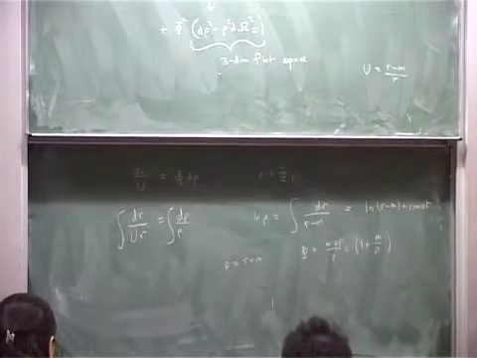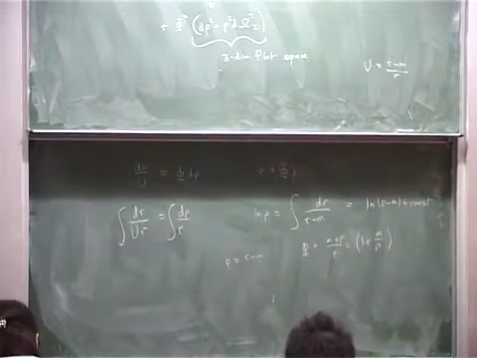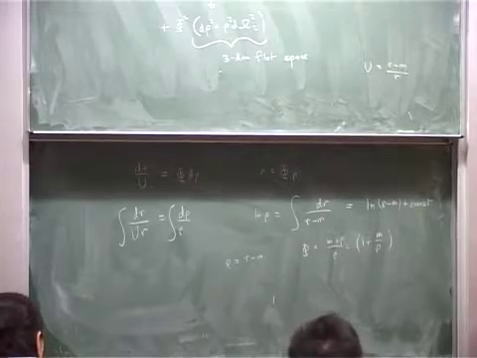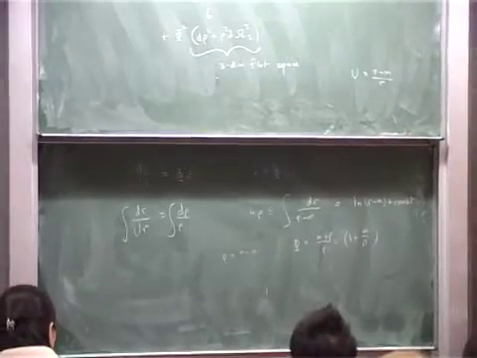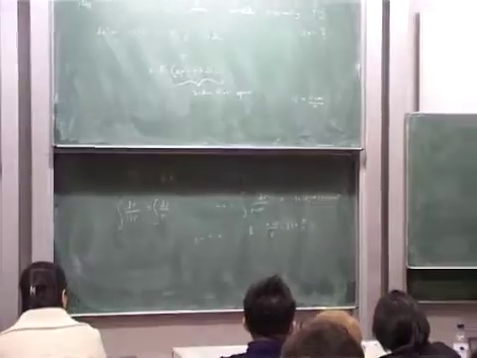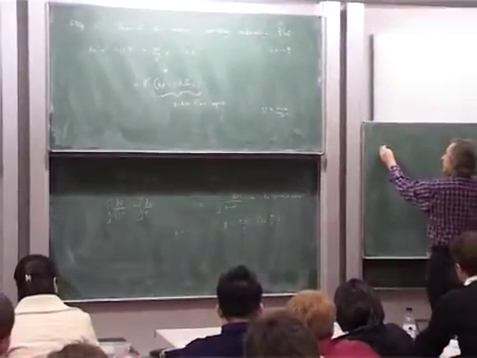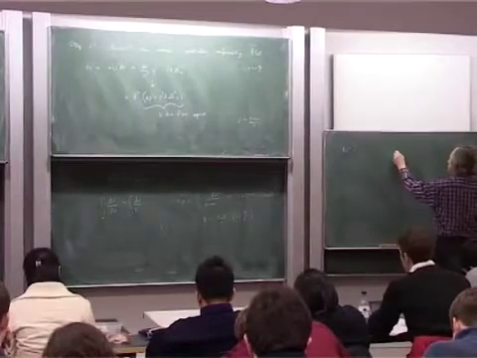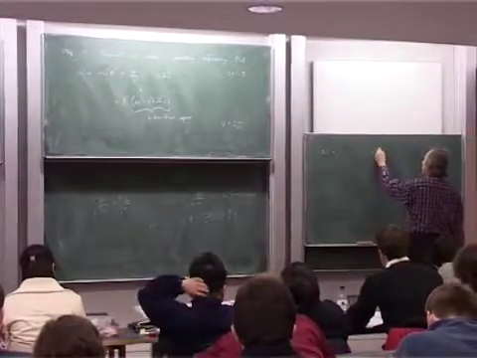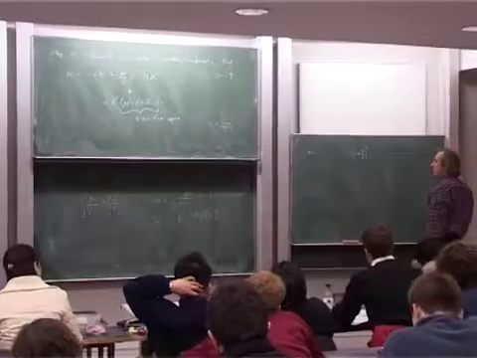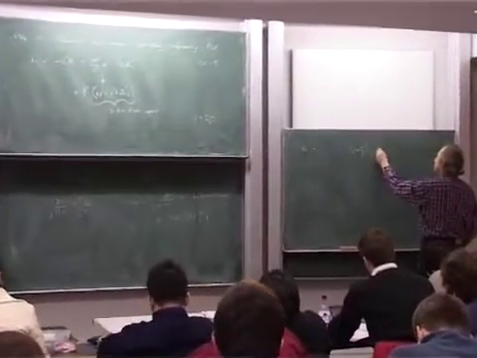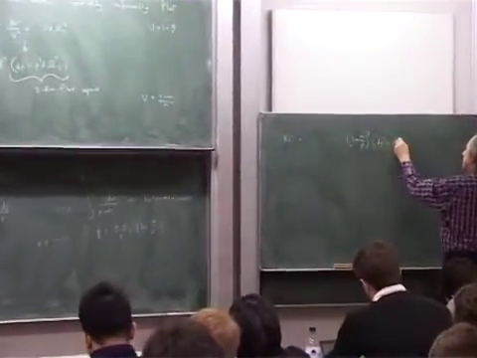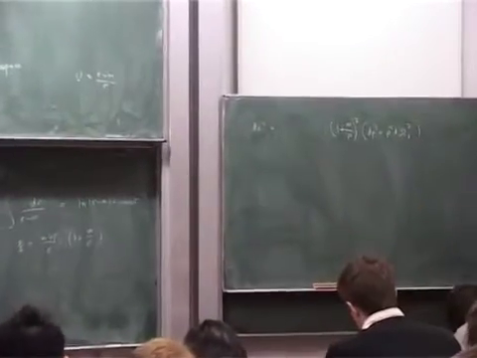So the new form of the metric is ds squared is equal to phi squared, well that's 1 plus m over rho all squared, into d rho squared plus rho squared d omega squared.